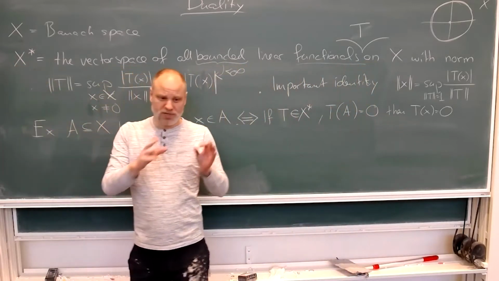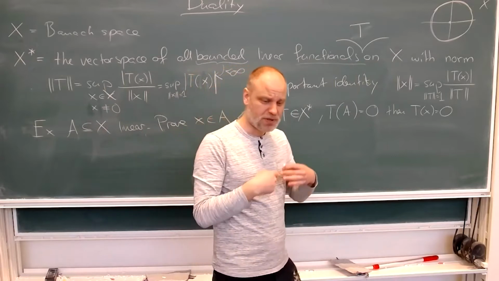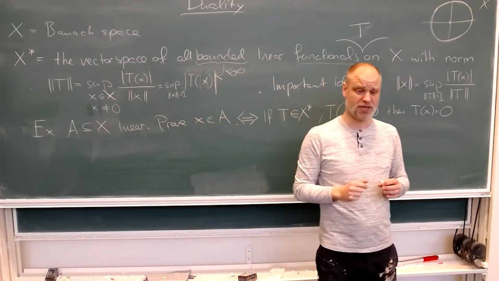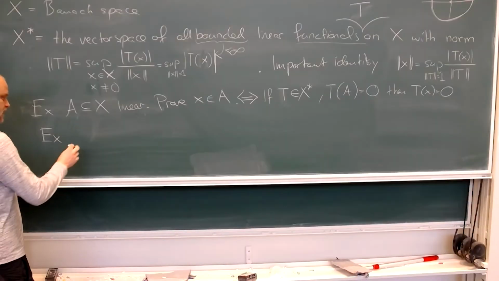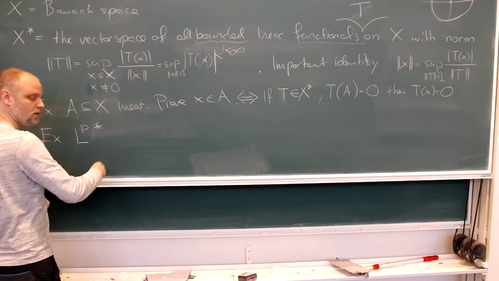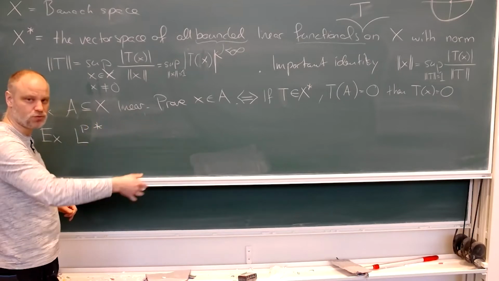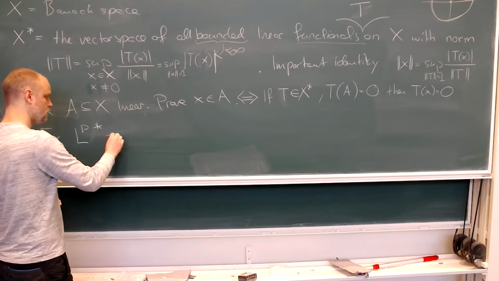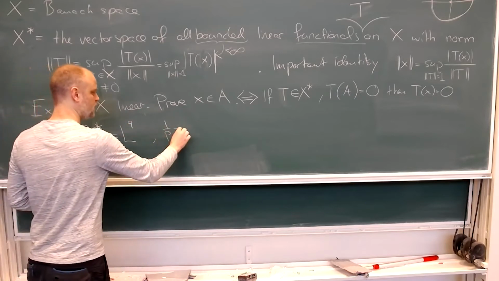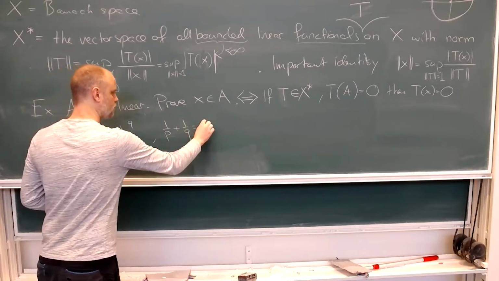So here's where the nice thing comes in. For this to be useful, we need to identify X star with something that we understand, something we can work with. And the first such example is that the L^p spaces, the dual of that, given any X, alpha, mu, or sigma algebra, whatever, is L^q, where 1 over p plus 1 over q equals 1.